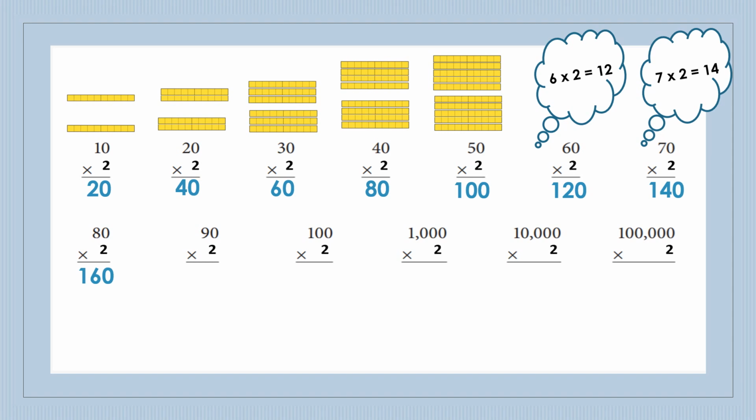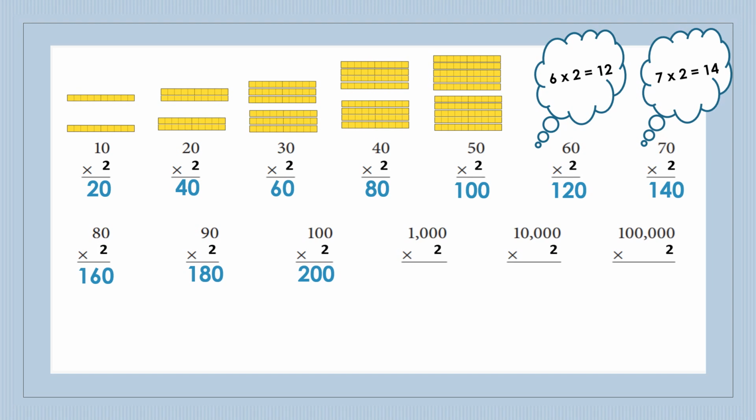Two groups of 90 or two groups of 9 tens gives me 18 tens or 180. Two groups of 100, 100 plus another 100, that would give me an answer of 200.